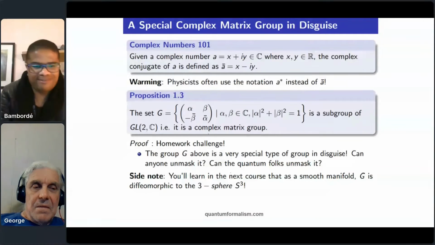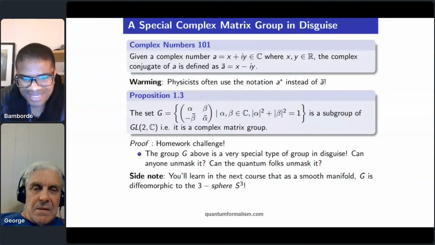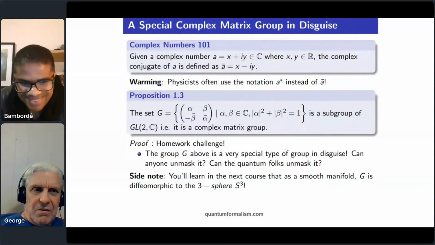This is one of the reasons, because the other group we define in terms of determinants and these things, not in this way. Remember, the alphas and betas are complex numbers, right? So you actually need to show that it's Hermitian.